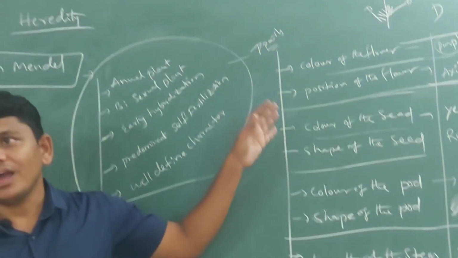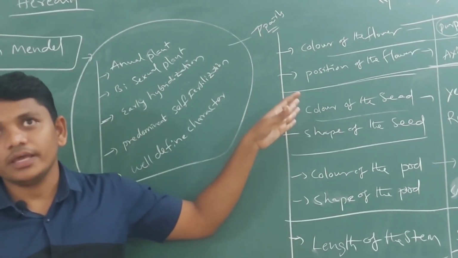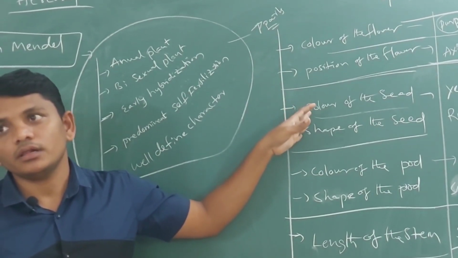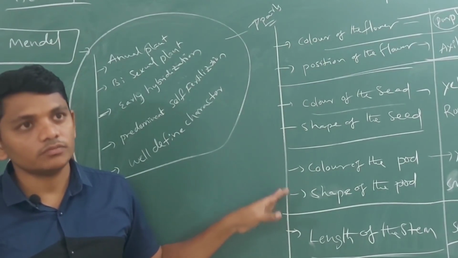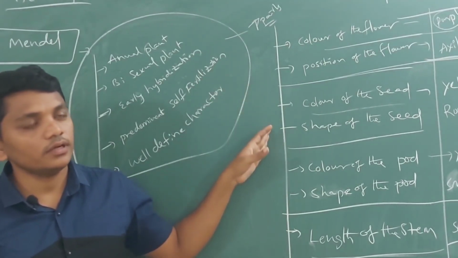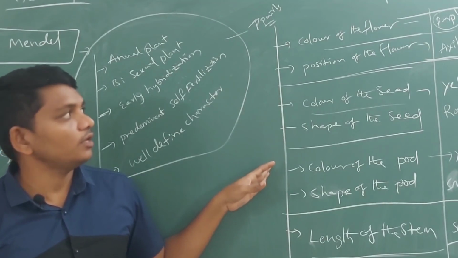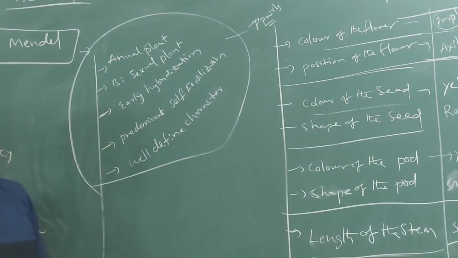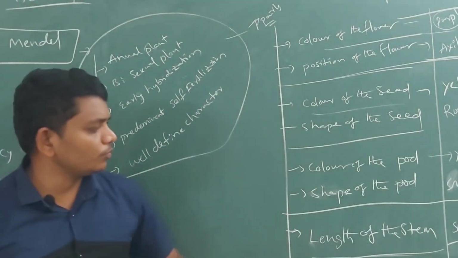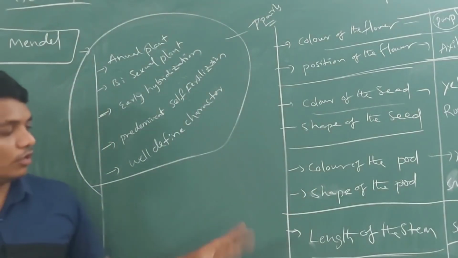Okay, so what contrasting characters were chosen by Mendel? These 7 characters. If the question comes like this, then we have to answer: color of the flower, position of the flower, color of the seed, shape of the seed, color of the pod, shape of the pod, and length of the stem.